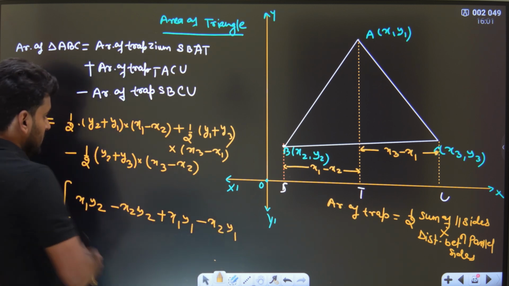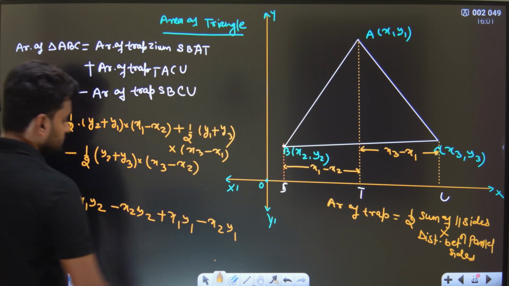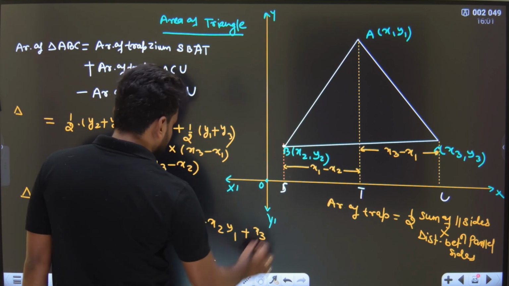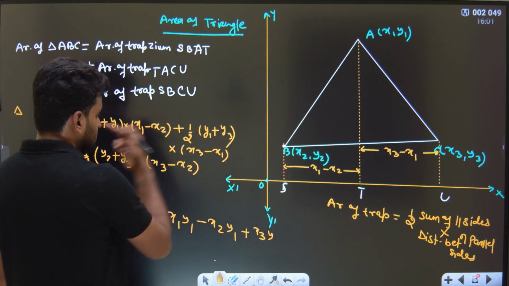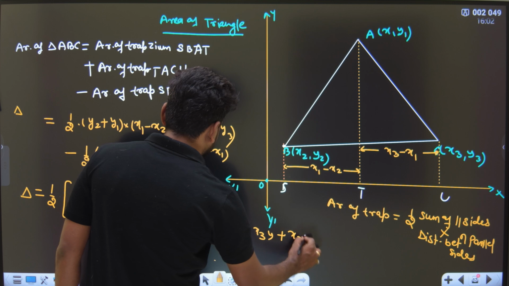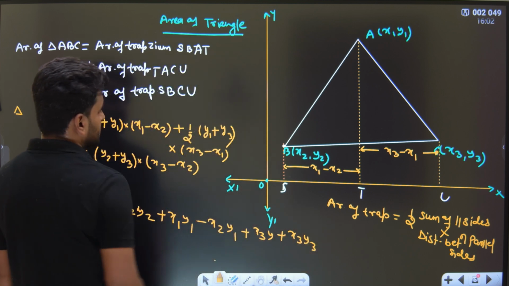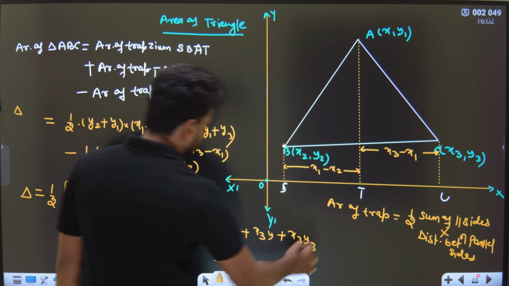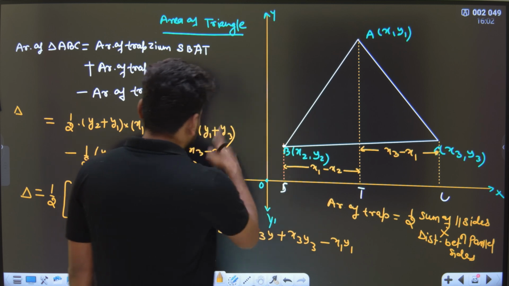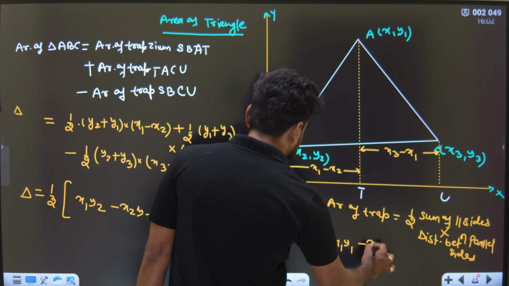And there let us multiply here. I will write x3 y1 plus x3 y3, plus x3 y3. I multiplied here. Now minus x1 y1 and then minus x1 y3.